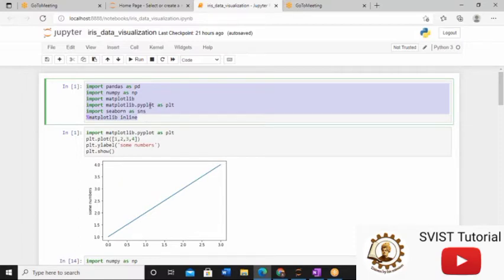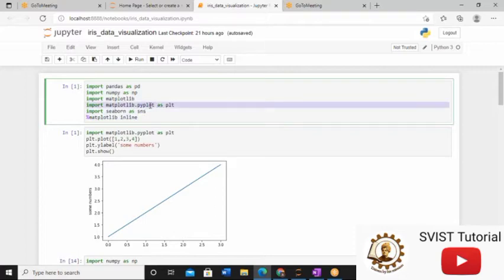The master library for graphical representation is matplotlib, and you have to import it. But importing matplotlib alone will not work, so we need pyplot also. This pyplot is responsible for creating the graph, decorating it, and setting the labels.